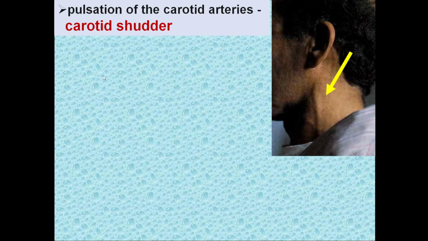And first of all, we'll see the specific carotid shudder, pulsation of the carotid artery. Why? Because during the systolic period, arteries fill with blood. We remember the left ventricle is overloaded with blood volume, as a result the heart stroke is increased. The carotid artery is full with blood.